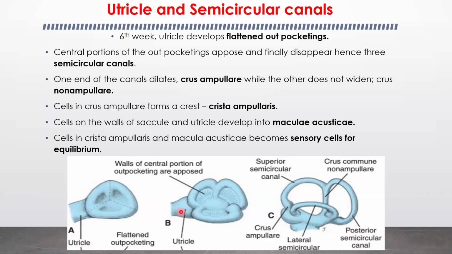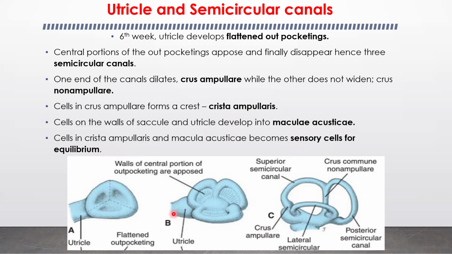The saccule and the utricle will develop into macula acousticae. And then now this macula acousticae and the crista ampullaris, they will develop the sensory hair cells that will be now in charge of equilibrium.